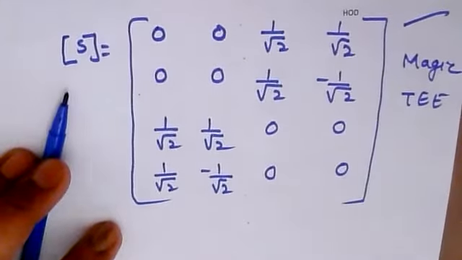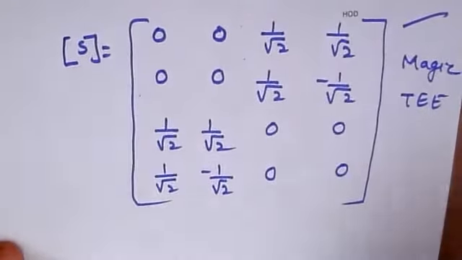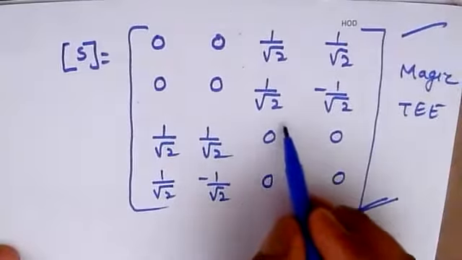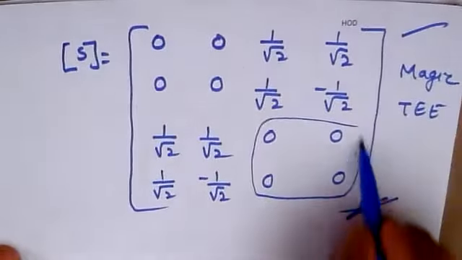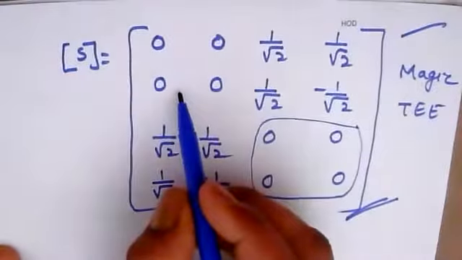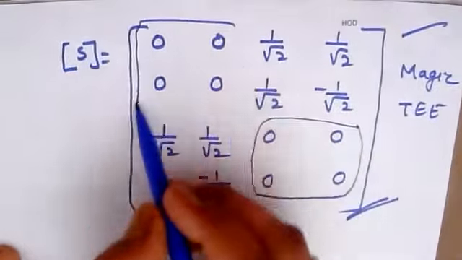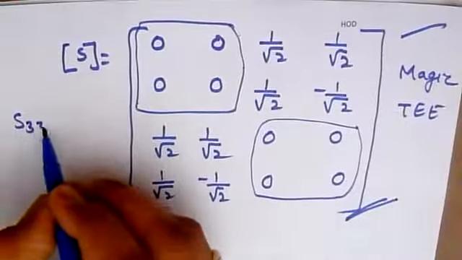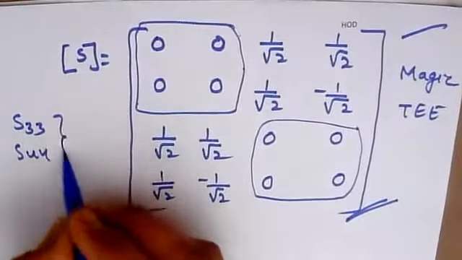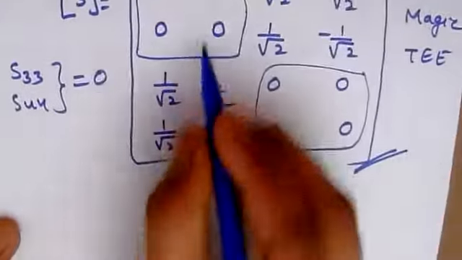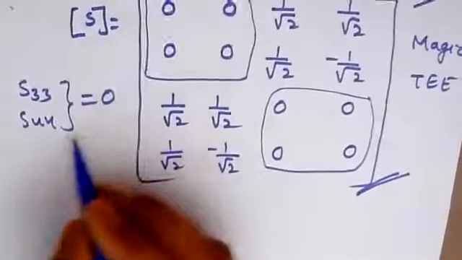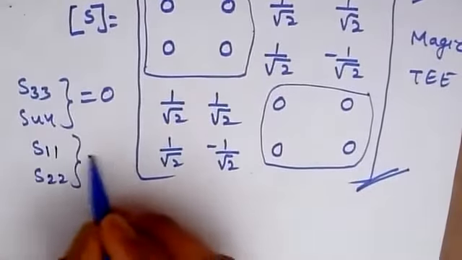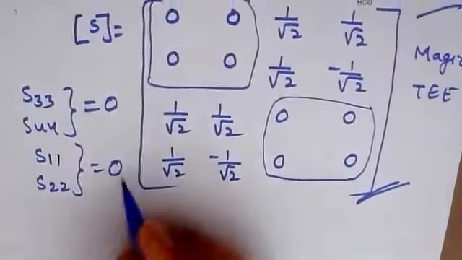So this is how we can derive the expression of the scattering matrix. You can see here, earlier we had these as zeros, and after simplifying, we have got these four also zeros. Then as S33 and S44 are zeros, after calculating these values, we come to know that S11 and S22 are also zeros.